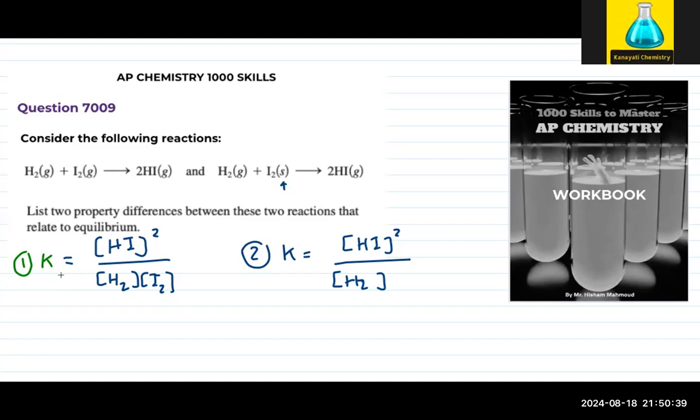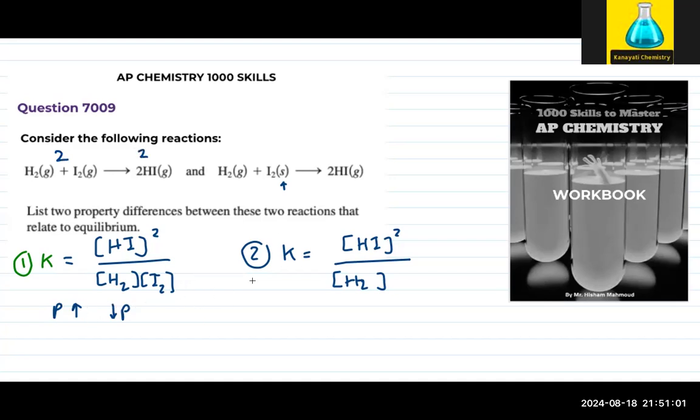The second difference is that if I try to change the volume, there will be no effect on the first reaction, because when you decrease the volume, for example, the pressure will increase. The system will try to decrease the pressure by moving to the direction where there is a smaller number of moles. Here there are 2 moles and 2 moles, so there is no change.